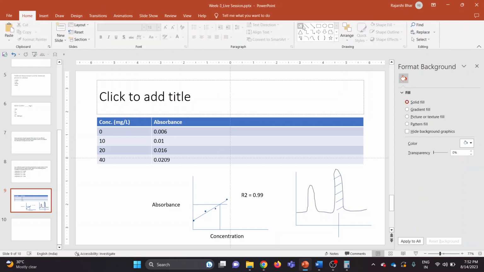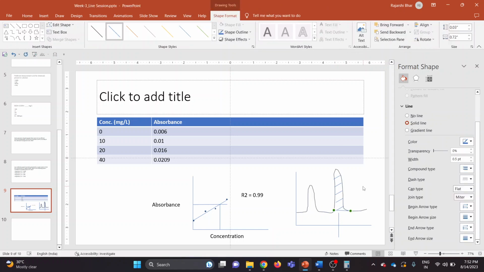You will get the area under this curve till here, let's say. So for a certain glucose concentration, this area will be something. If you increase the glucose concentration, this area will also increase. So the instrument is calculating the increase in area along with an increase in concentration. It's the same thing as here.